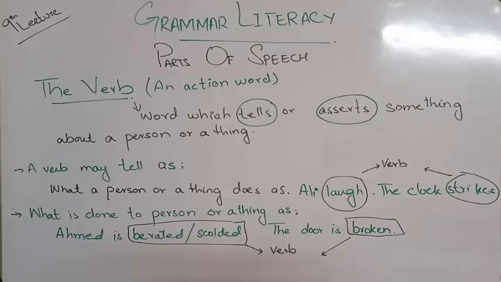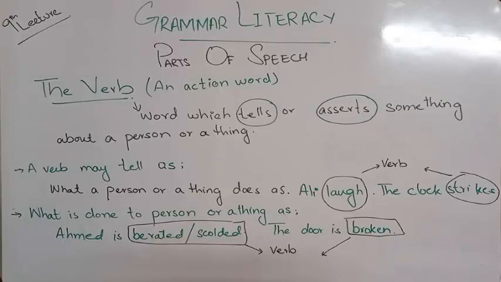That could be anything. For example, Ahmed is berated or scolded, like abused, and not in a good manner. Ahmed is berated or scolded means somebody has done something to Ahmed, somebody has abused Ahmed in a very bad way.